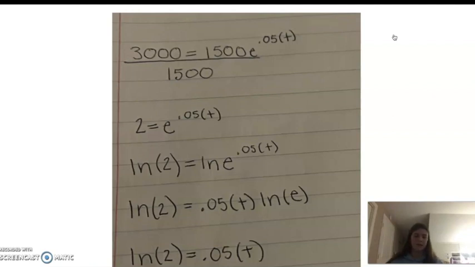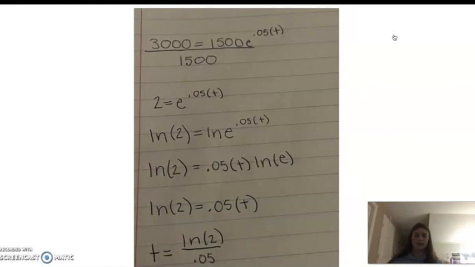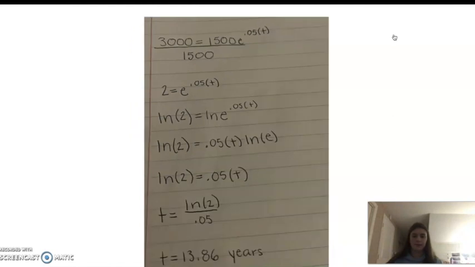And since we want to find t, we can divide both sides by 0.05. So t equals the natural log of 2 divided by 0.05. And so the time it takes for the population to double is about 13.86 years, or if you round up, 14 years.